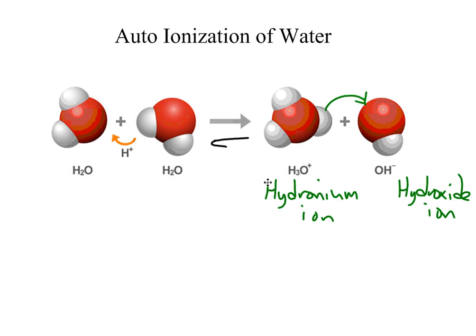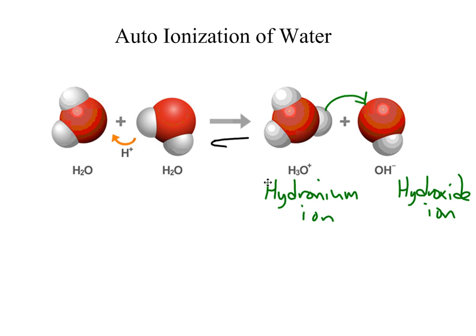This process continuously goes back and forth between the two molecules on the left and the ions on the right. The extent to which this happens is basically 1 in 10 million molecules of water, or two molecules out of 10 million water molecules, will do this at any one time. But it is a dynamic process that does go back and forth.